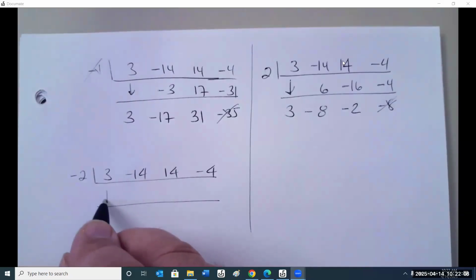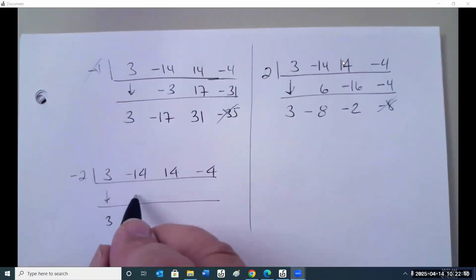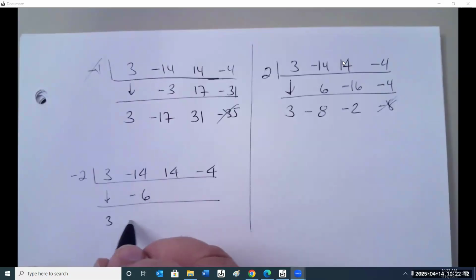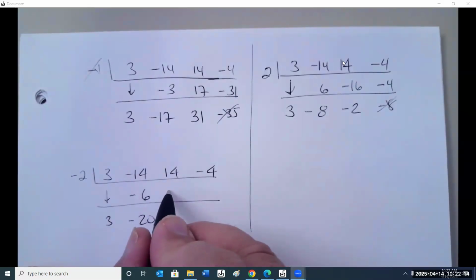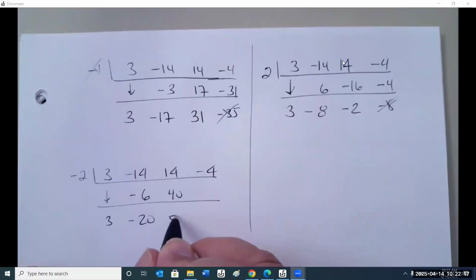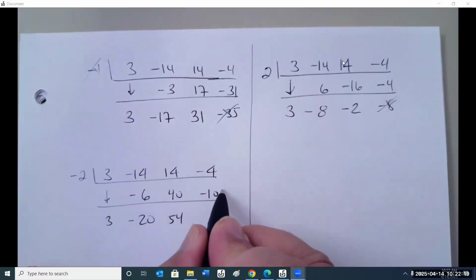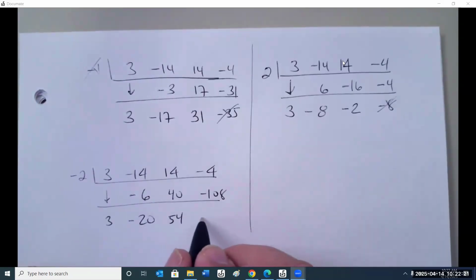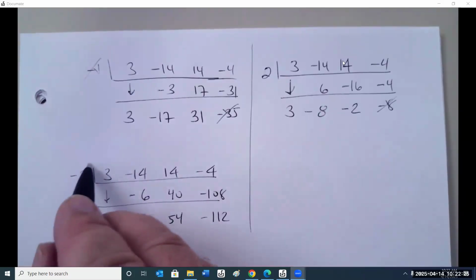Bring the first one down. Negative 6 makes it negative 20, makes it 40.